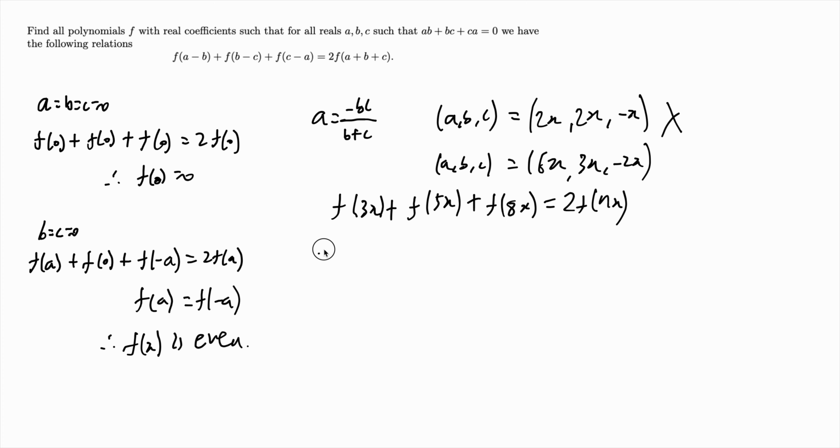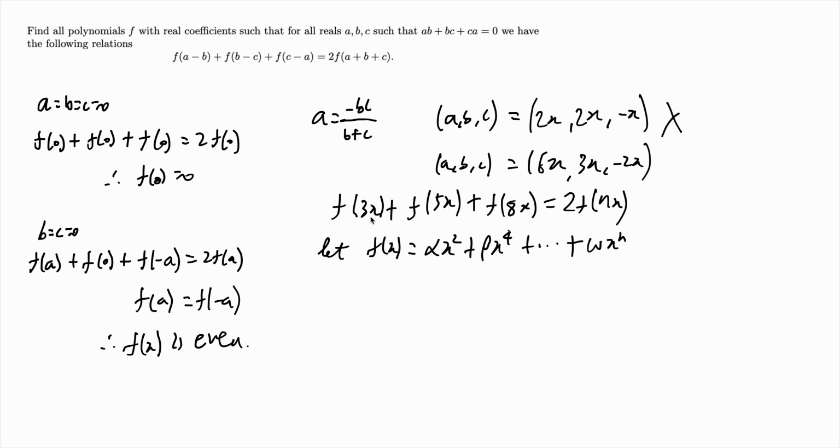So let's say that f(x) equals alpha x squared plus beta x to the power of 4 plus and so on until we have omega times x to the power of n.